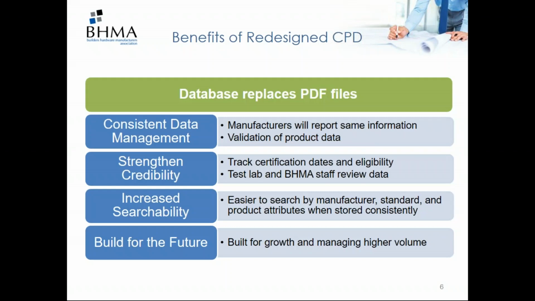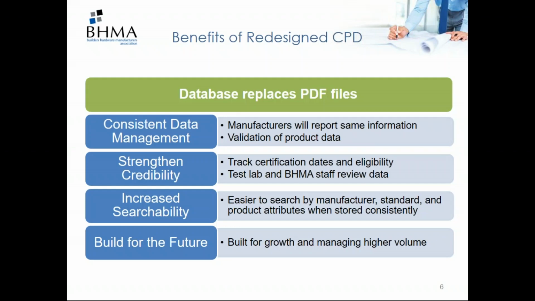In PDFs, again, it's static information that can't really be searched as quickly and as easily. There were also lots of limitations. You could see which companies had a listing, had products listed to a specific standard, but beyond that, there was very, very little that you can search.